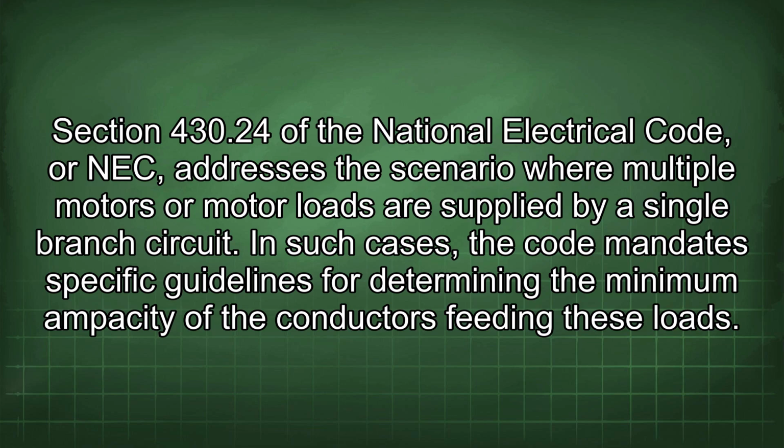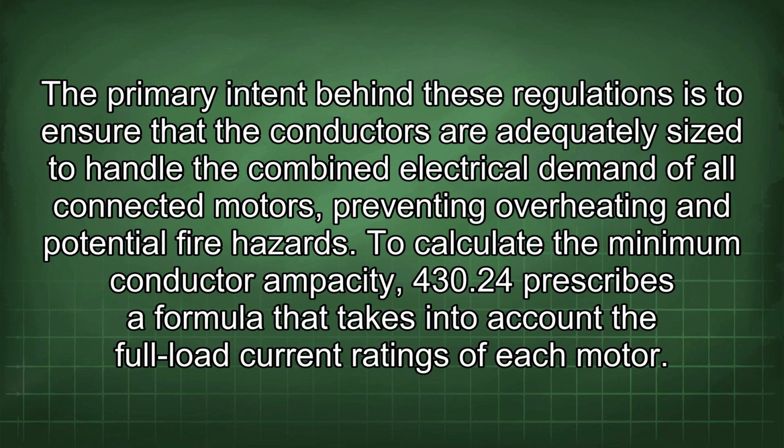In such cases, the code mandates specific guidelines for determining the minimum ampacity of the conductors feeding these loads. The primary intent behind these regulations is to ensure that the conductors are adequately sized to handle the combined electrical demand of all connected motors, preventing overheating and potential fire hazards.